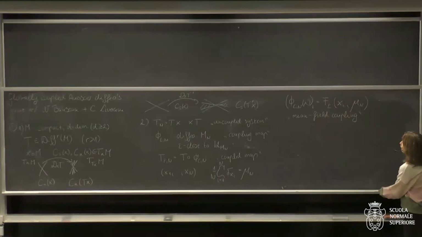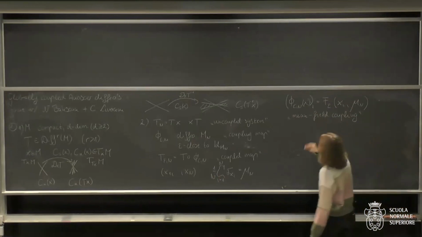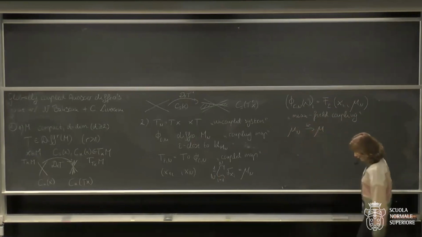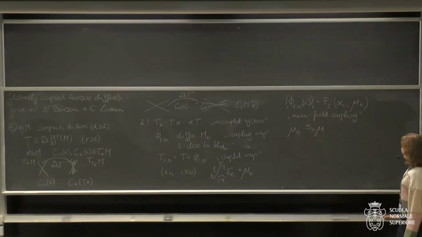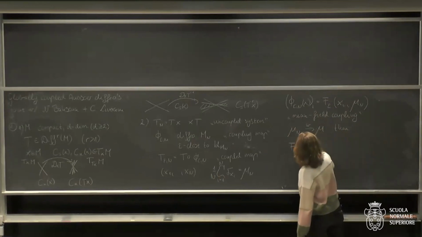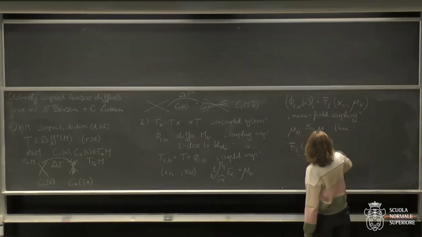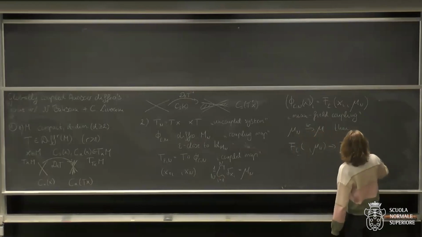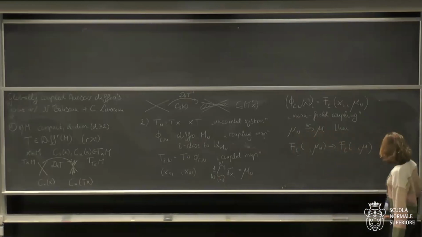And now if this F epsilon map has some nice analytical properties, then it holds that if these empirical measures converge weakly to some measure mu, then this map converges to F epsilon of mu.